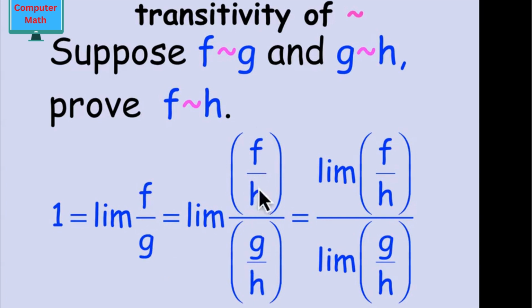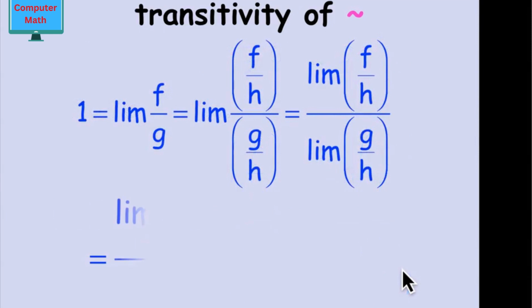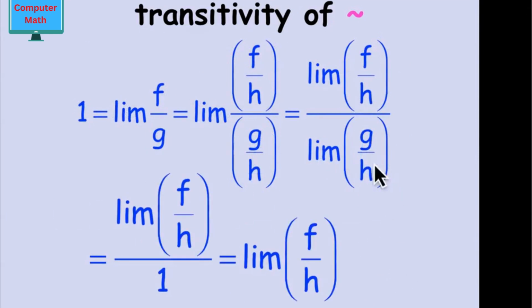That's just algebra, the h's cancel. So now I can distribute the limits to the numerator and denominator, assuming both exist. The numerator limit is what I'm interested in. The denominator limit is going to be 1, because the limit of g over h is 1 since g is asymptotically equal to h. The conclusion is indeed that the limit of f over h is equal to 1.